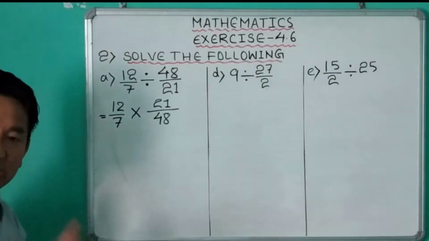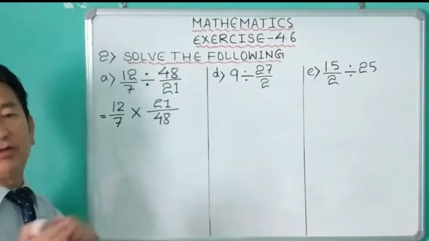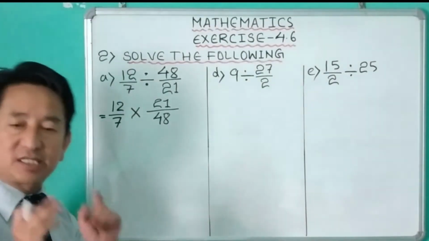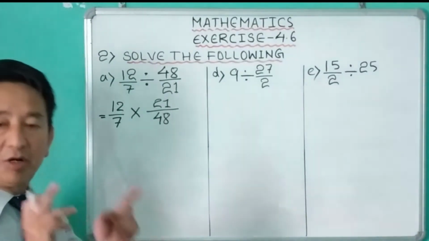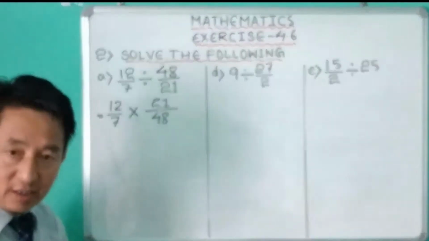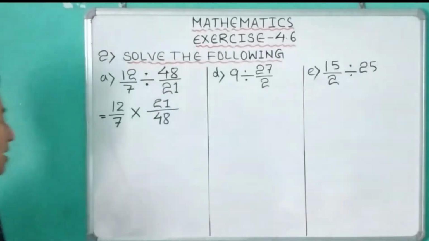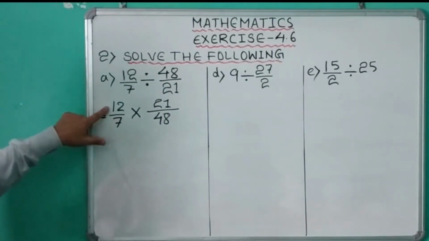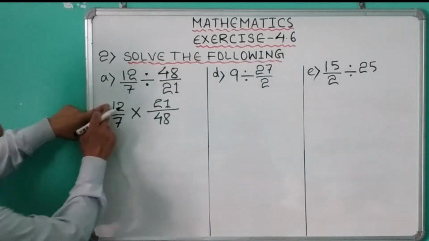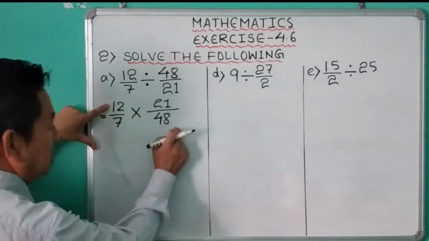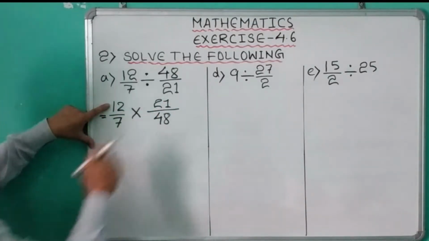As I already explained to you, we can cancel the numerator and denominator only by the same number. Here in the fraction 12 by 7, the numerator 12 will cancel with the denominator of the other fraction, here 48. Now we'll cancel 12 and 48.